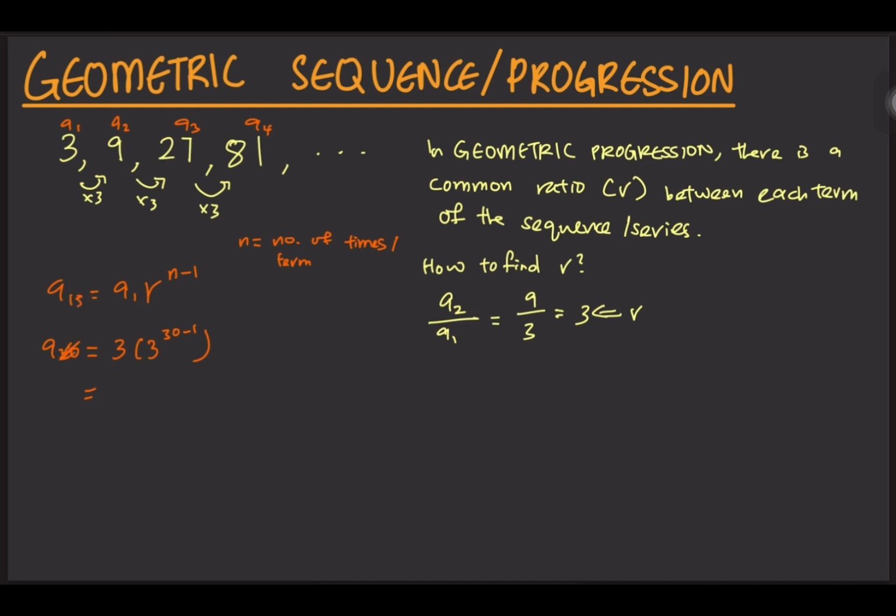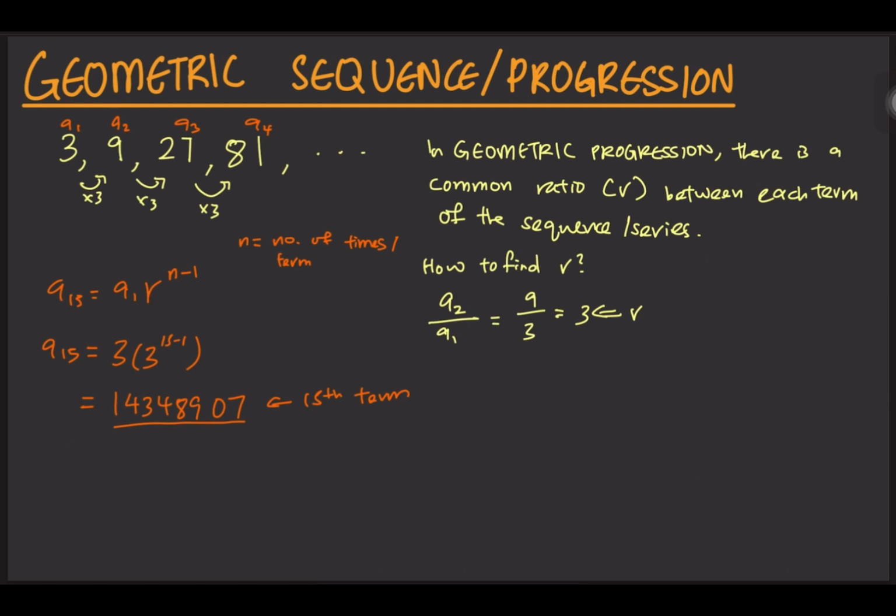Let's put this at 15. 3 multiplied by 3 to the power of 15 minus 1. You will get 14,348,907. Very big number. But this basically means we multiply so many times, 15 times. The 15th term will be this number.